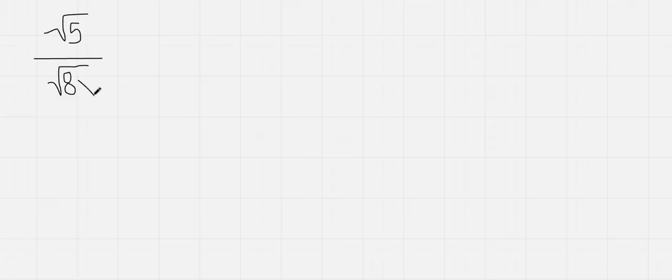We're going to rationalize this expression by multiplying by the denominator, so the square root of 8x over the square root of 8x.